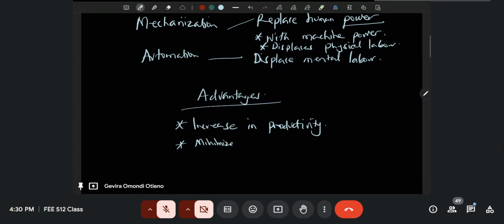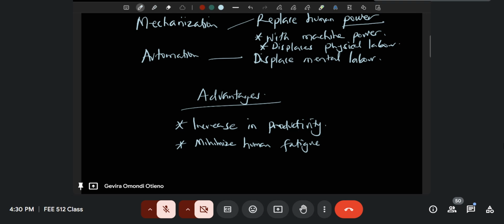minimize human fatigue. Notice, fatigue is not a physical problem. Fatigue is a mental problem. Whenever you feel that you're tired, the brain basically is worked up, okay?